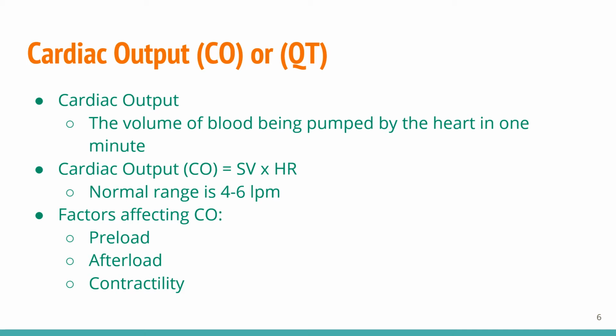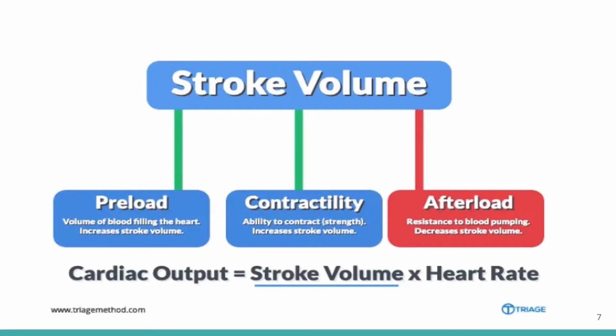All right. This next slide talks about it again in a different format, showing you how stroke volume times heart rate equals your cardiac output. Stroke volume is affected by those three things. Preload is the volume of blood filling the heart, so if you have a lot of blood filling the heart, that's going to increase your stroke volume.